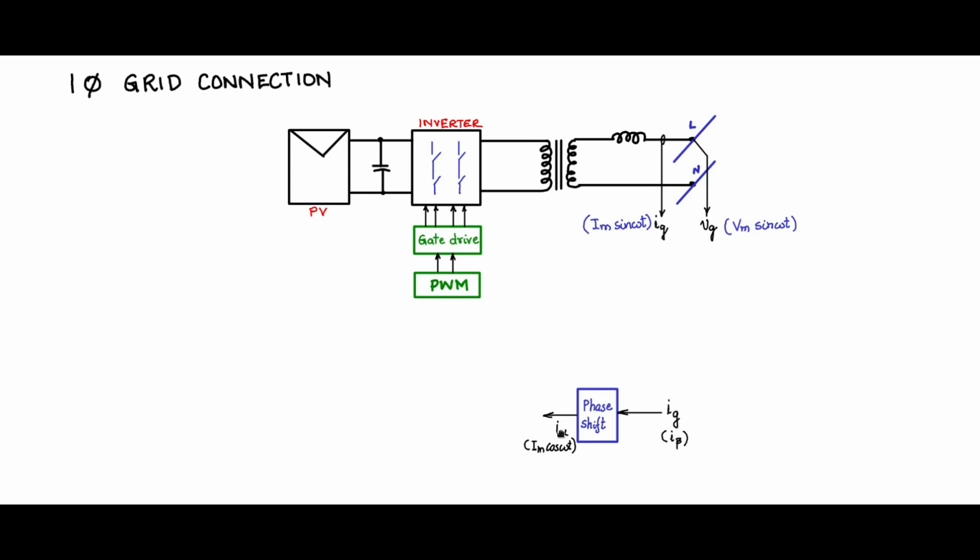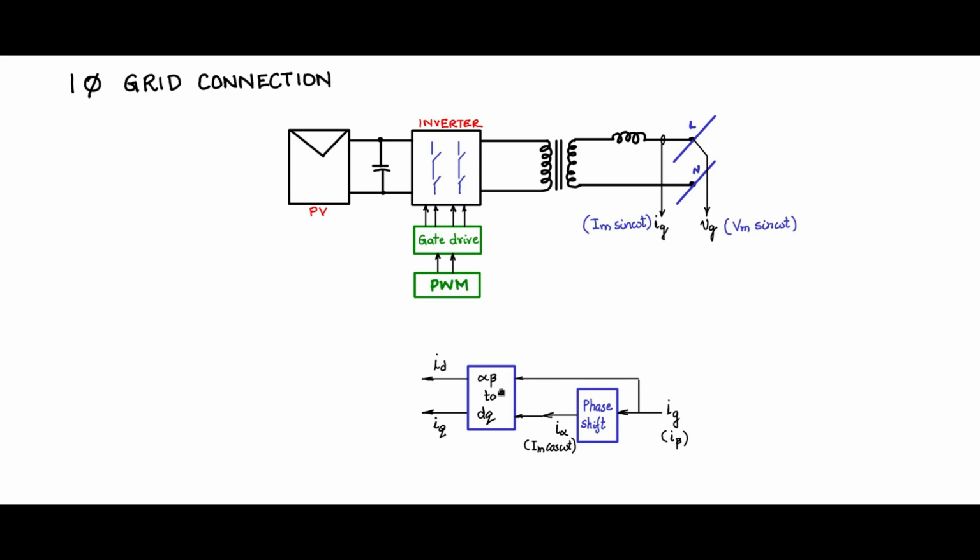Now I have I alpha and I have I beta also, which I can pass to a transformation. This is alpha beta to dq, which will give me id and iq. So now I have this id and iq, which are DC quantities.